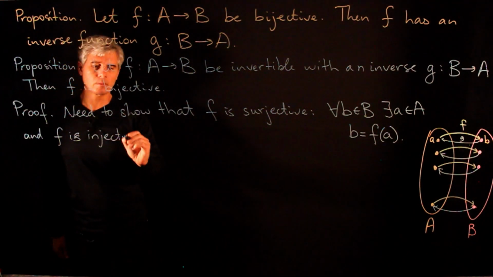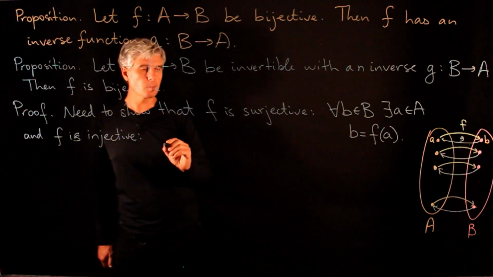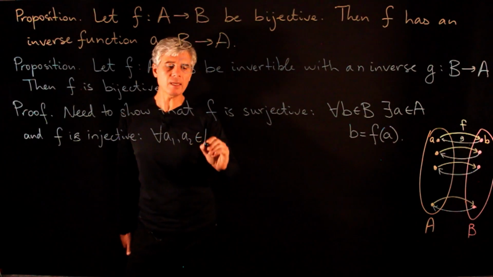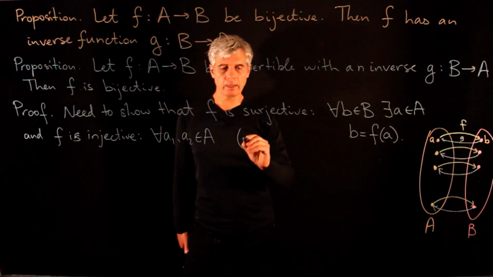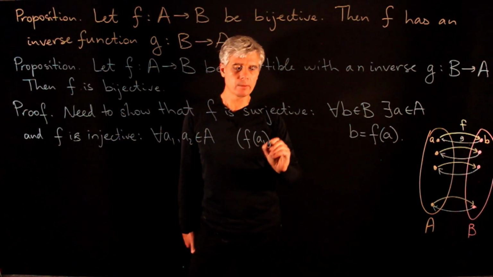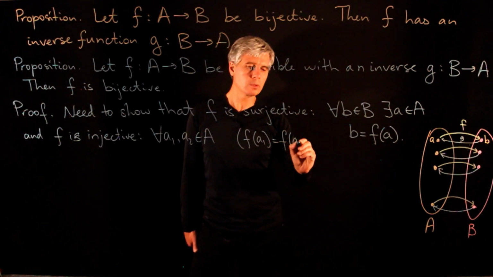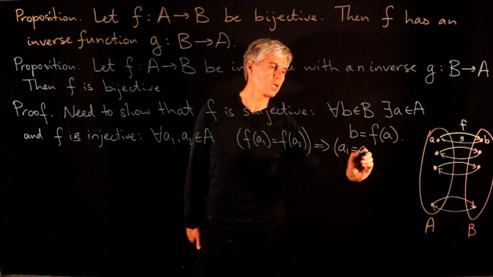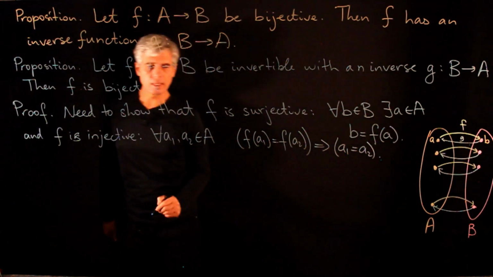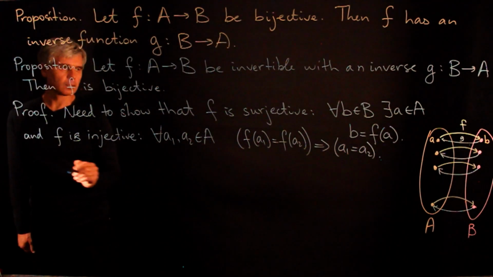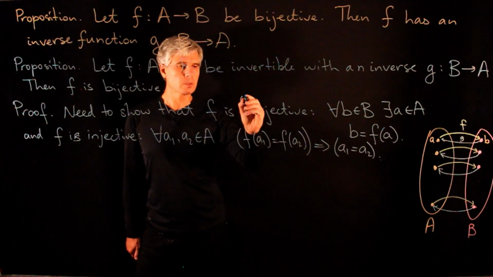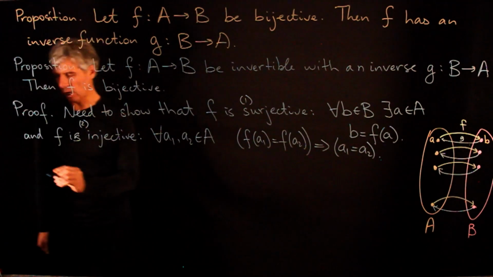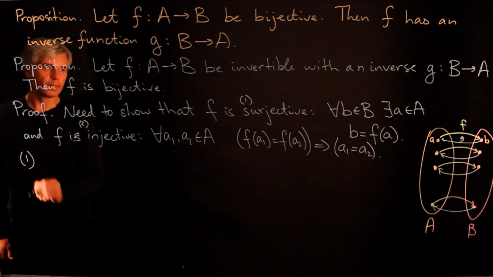This property is that for all a1 and a2 in A, f of a1 being equal to f of a2 implies that a1 is equal to a2. Let's call this 1, surjectivity, and 2, injectivity. So let's start with 1.